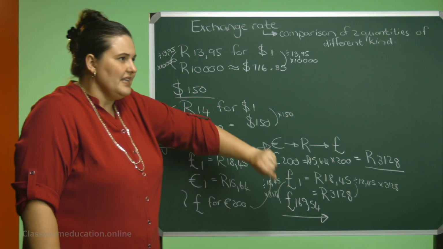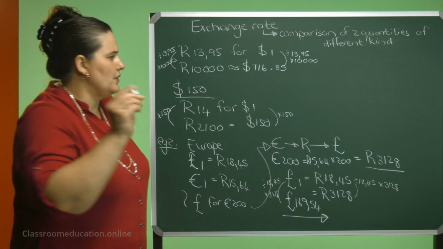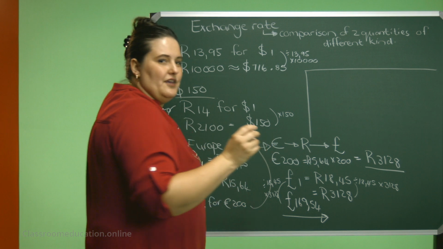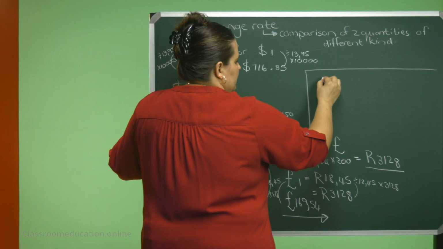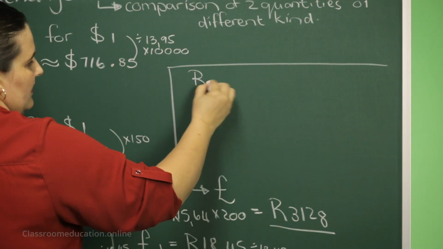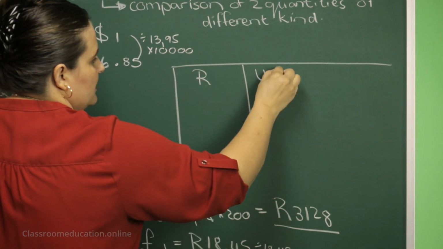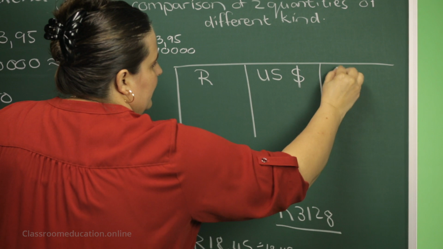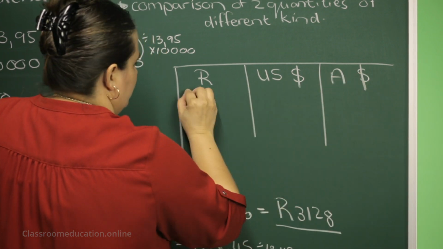Okay, let's do another thing. Have a look here. If I'm giving you the following information, let's say rand and US dollars and Australian dollars.